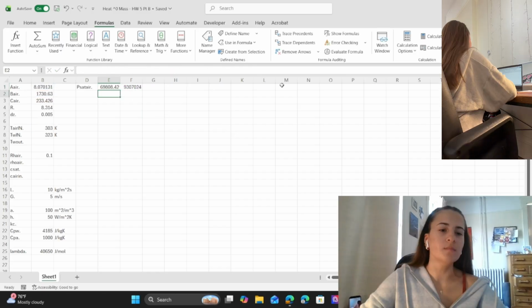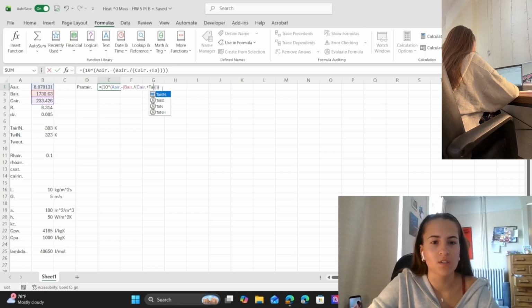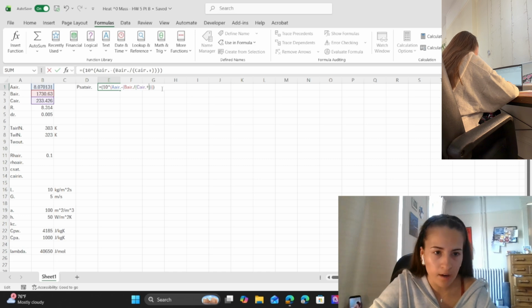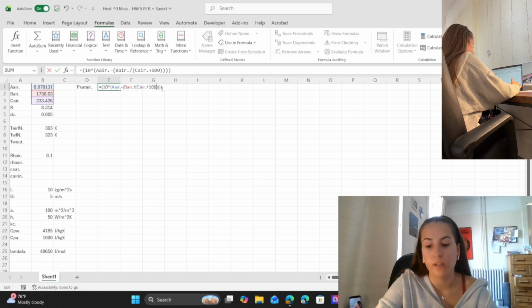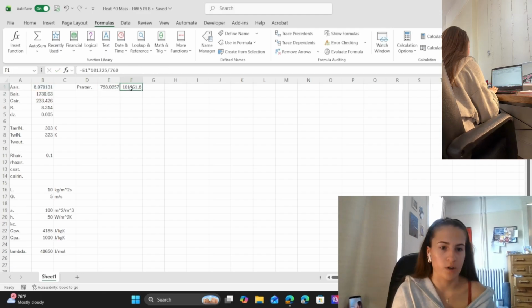Give me 1 second. Okay, so I'm realizing what I did wrong. We're not actually plugging T air in here, so we want to plug in just a value for the saturation of air. So when it's at its maximum, so we're going to say 100 degrees Celsius here. So this is a more correct answer.